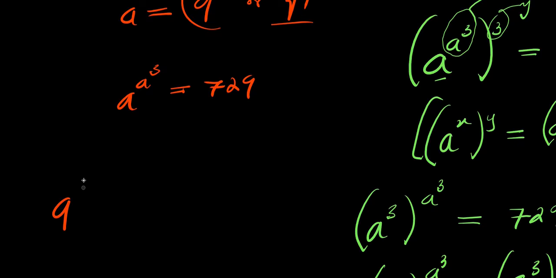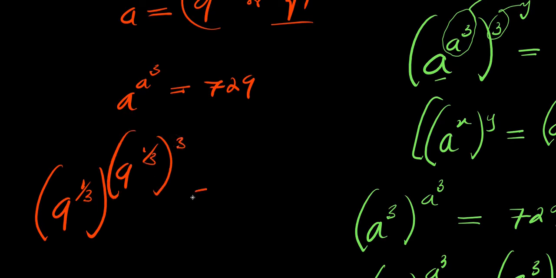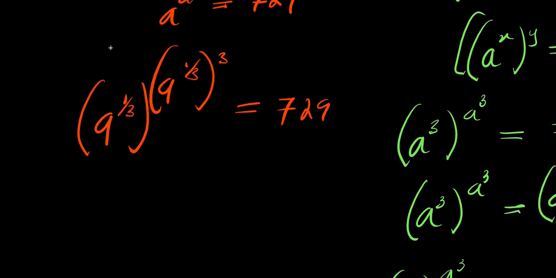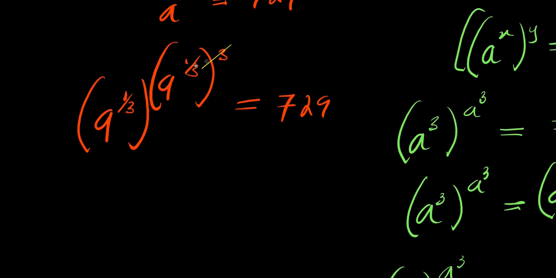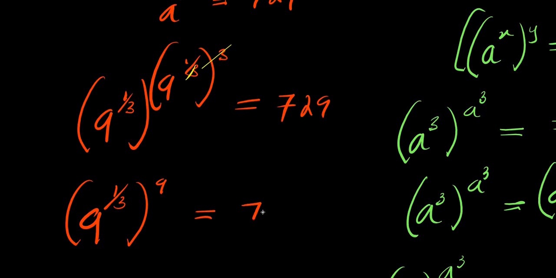That is 9 power 1 over 3 raised to the power of 3 equals 729. So from here, this cancels this. I have 9 power 1 over 3 to the power of 9 equals 729.